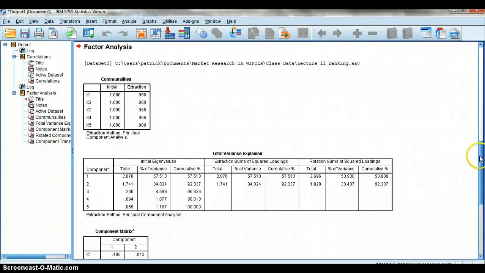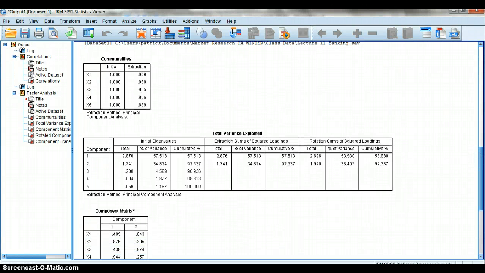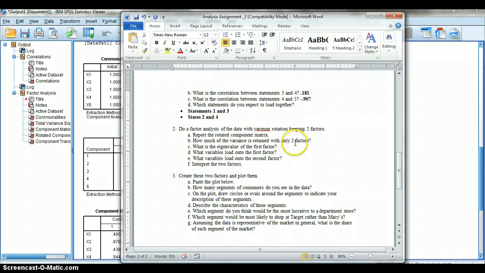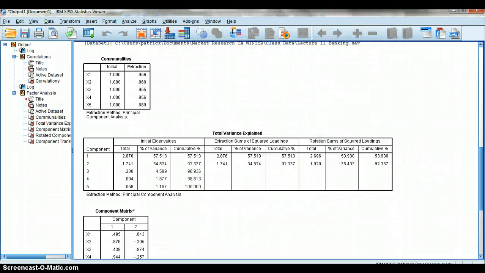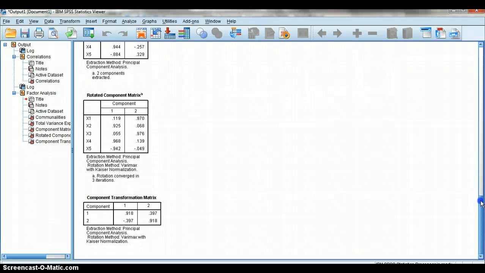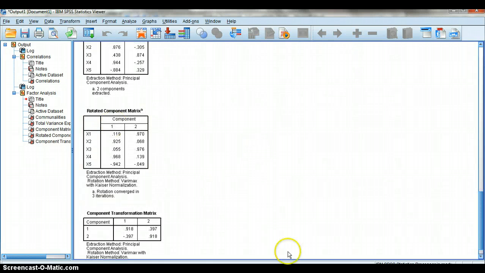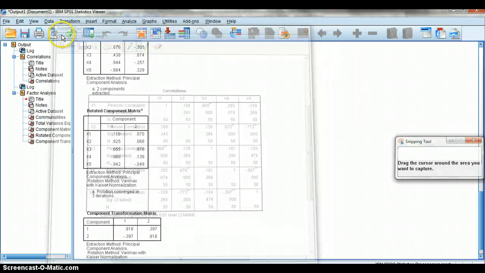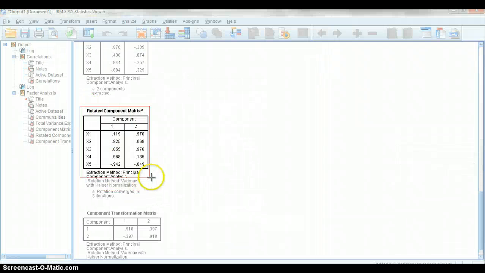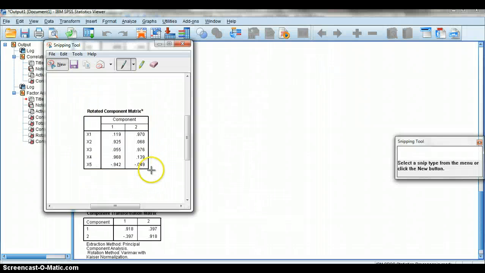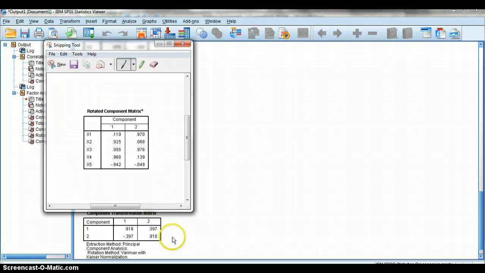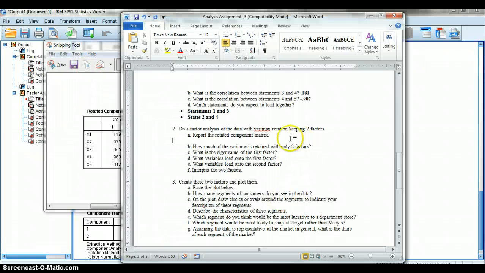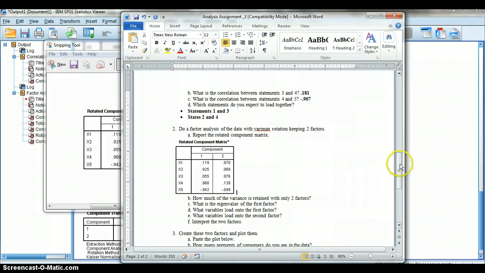Hit OK. Report the rotated component matrix. That means we have to copy this one in. I'm going to use my snipping tool to grab it. Remember, you can just copy and paste it in, but I think it's easier with the snipping tool. All right, 2A is done.